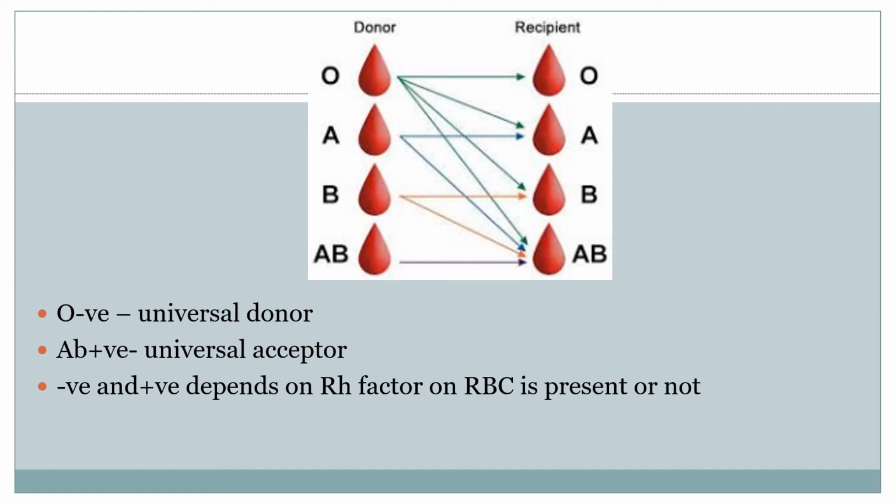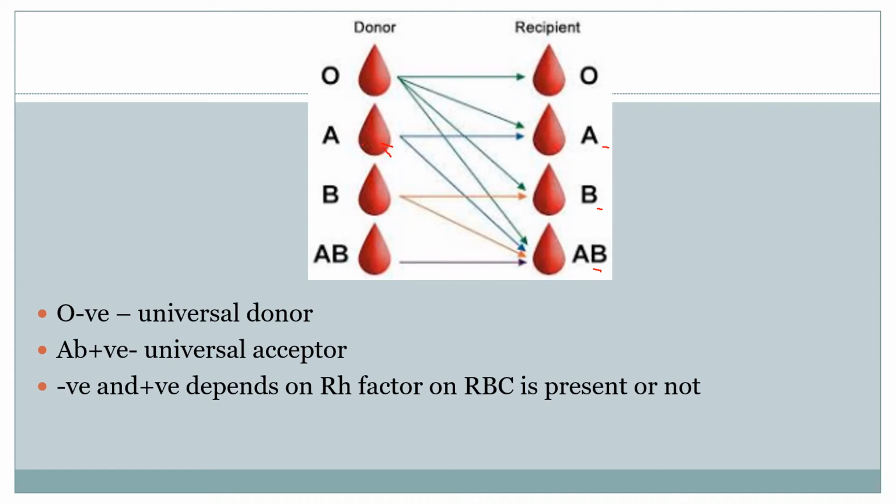Next, let us learn about the donors and recipients. The O blood group can give blood to O, A, B and AB. Okay, and A can give blood to the person A and AB.